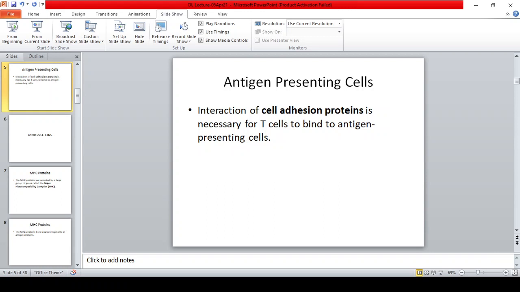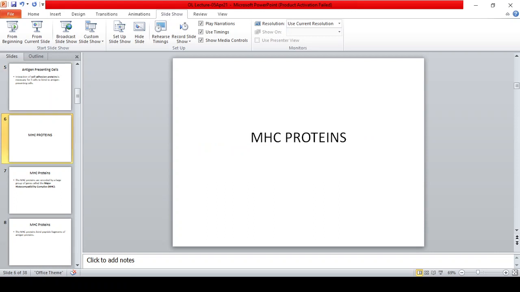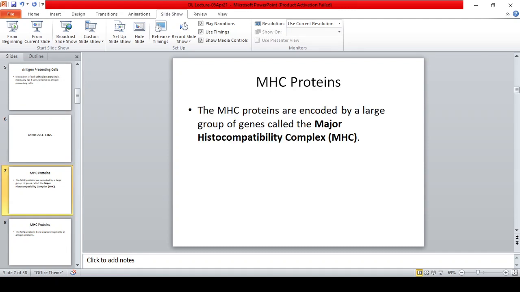Now, let's pause here to understand what MHC proteins are. As we just learned, the MHC proteins are present on the surface of the cell, and they are encoded by a large group of genes called the major histocompatibility complex.